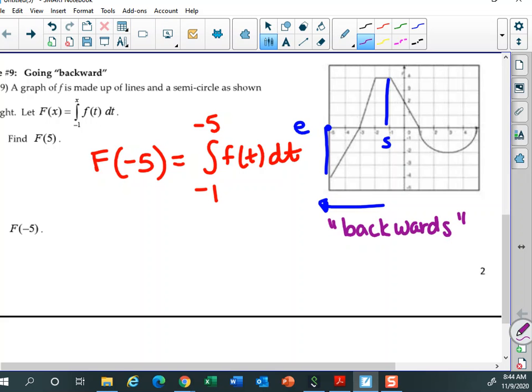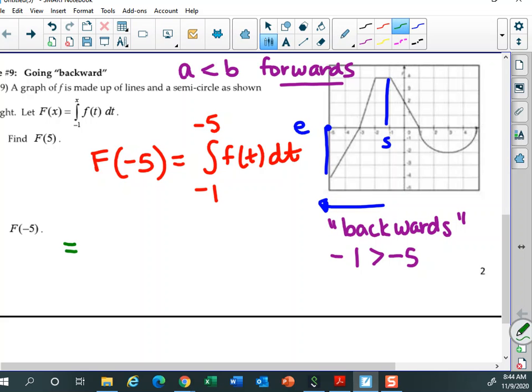Because we're going from a higher number to a lower number. Okay. Since -1 is greater than -5. Typically a less than b is the forwards thinking part.